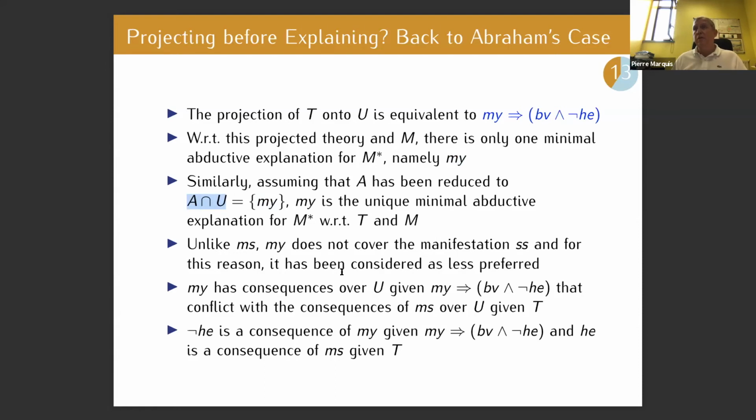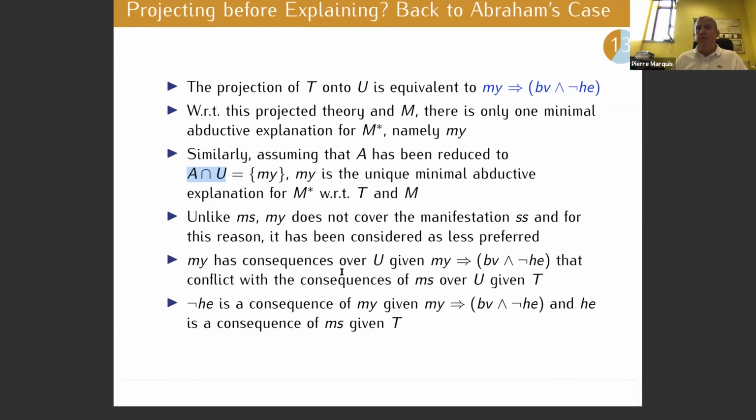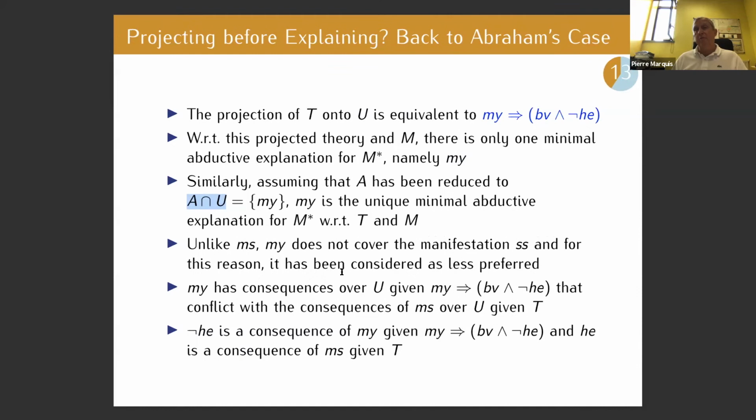It does not cover the same manifestations, so it is less preferred, and it does not have the same consequences. Because for myopia, you can conclude that the disease is not hereditary, while of course this is not the case for Marfan syndrome. There must be a conflict with the consequences that have been deduced previously.